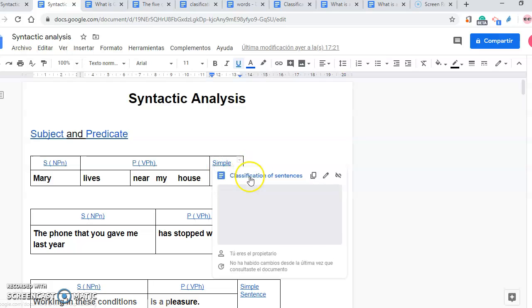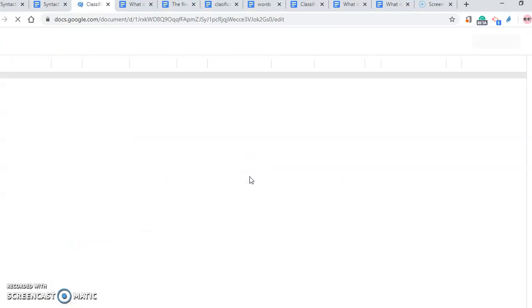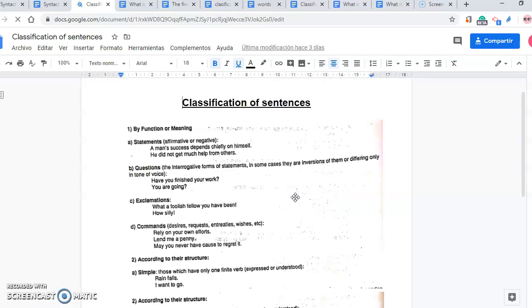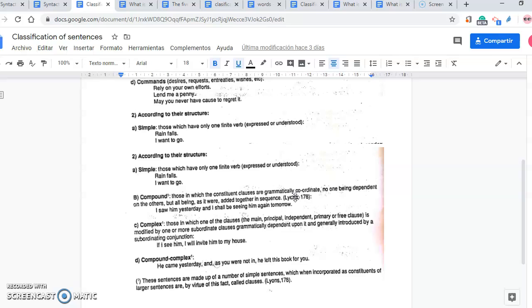We can have different classifications of sentences according to meaning or according to the structure. First, we are going to see that according to the structure. According to the structure, we can have simple sentences that have only one subject and only one finite verb.